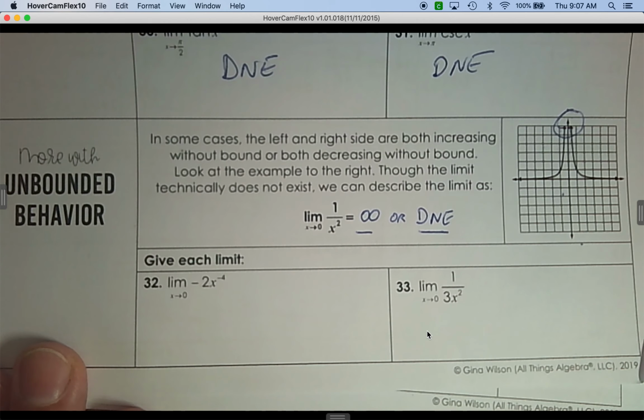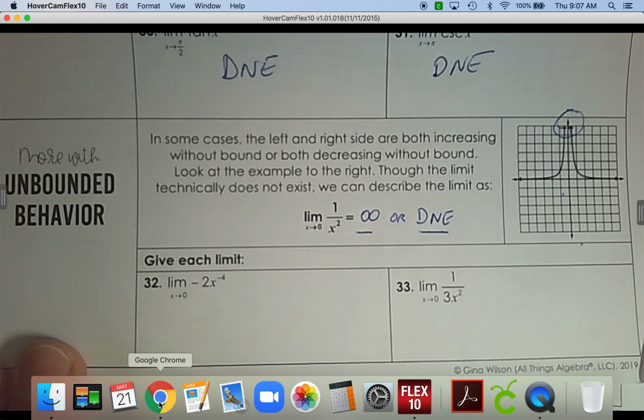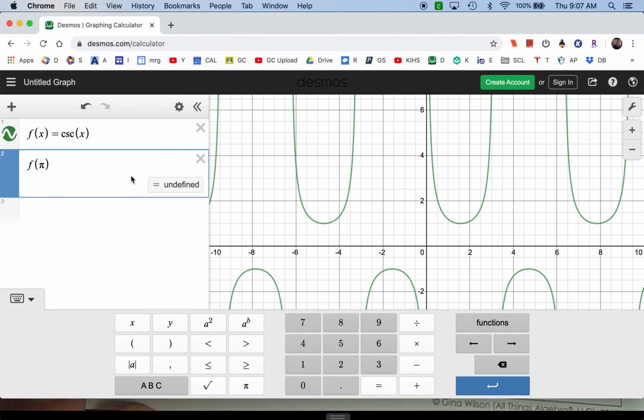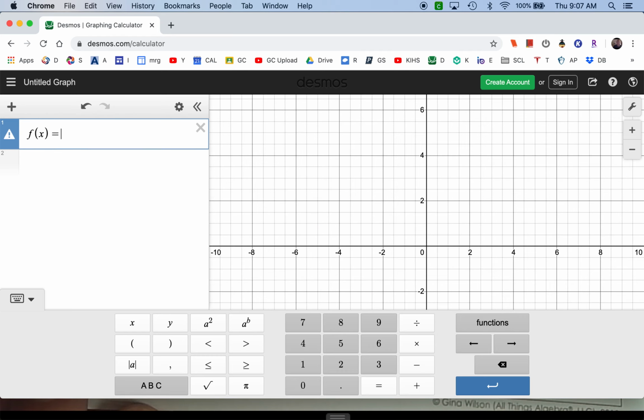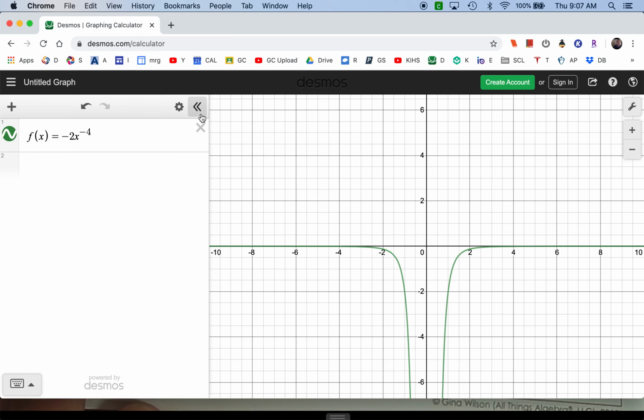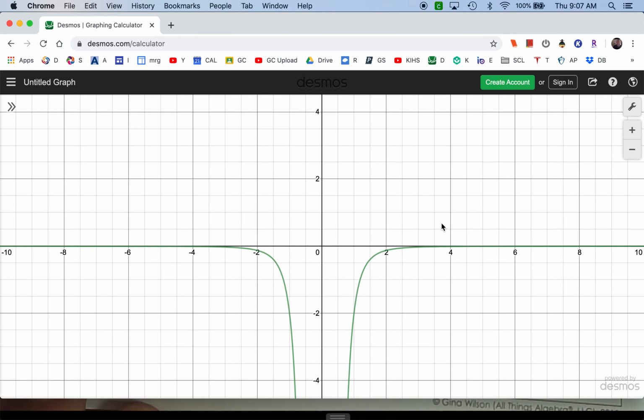So let's look here. Negative 2x, negative 4. Let's look off the graph. Negative 2x. So if I type that in, what's happening around 0?